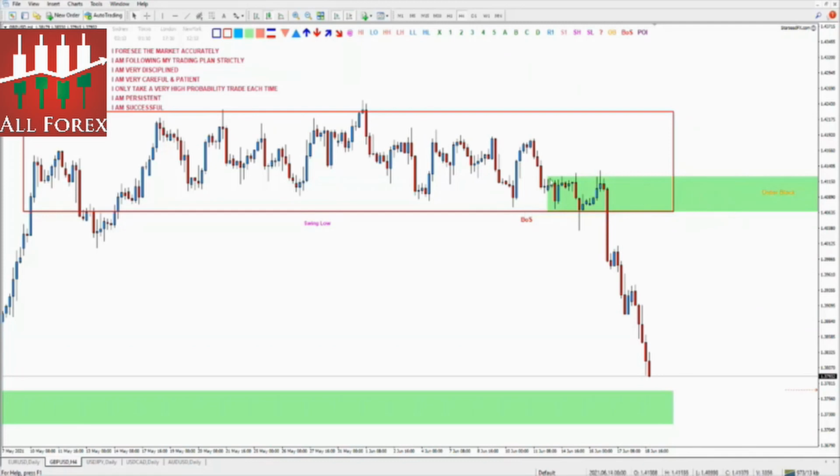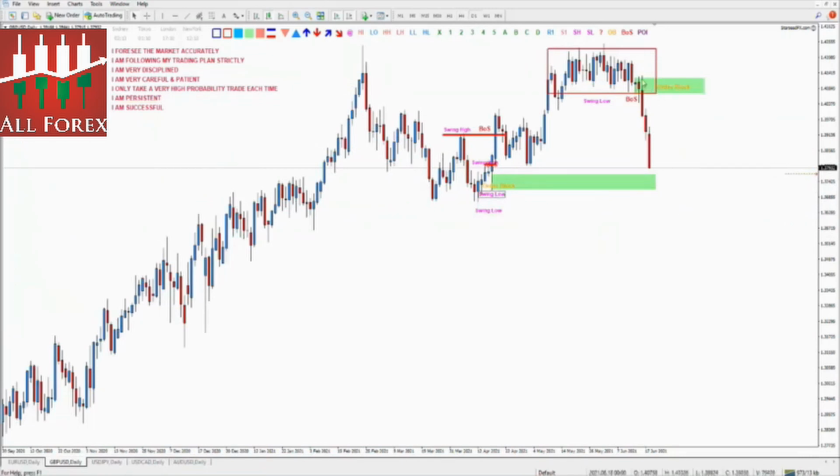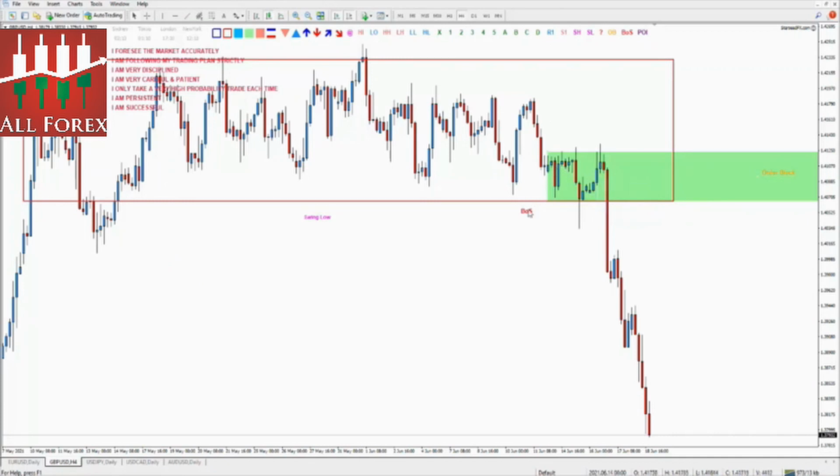Don't be confused with order block refinement, okay? What I do like this, take a look. If I refine the order block from D1, for example, this is my order block from D1, and then I go to H4, you can refine your order block to make it become smaller as long as it is within the zone.